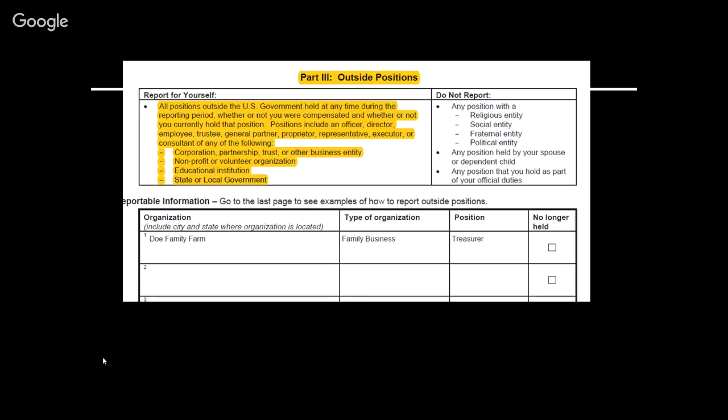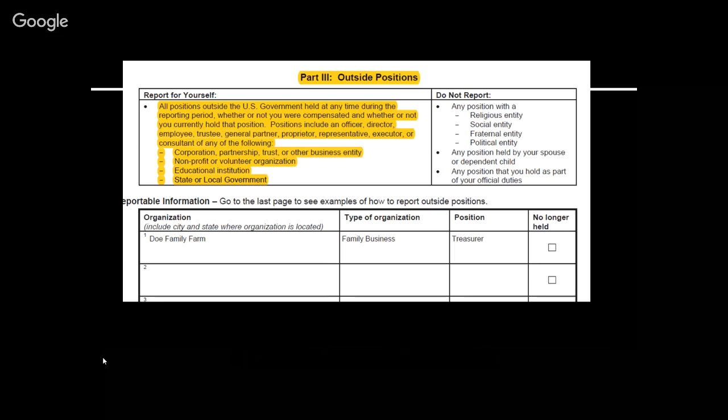So if we look at our filer's outside positions, what they've disclosed, you'll see that the Doe family farm is listed as a family business, and the employee indicates that they actually do hold a position with that farm. So the other part of Part 3 that is helpful is it gives you a fuller picture of some things that you may have seen on Part 1. So here we can see that, as I said, the filer has a position as treasurer.